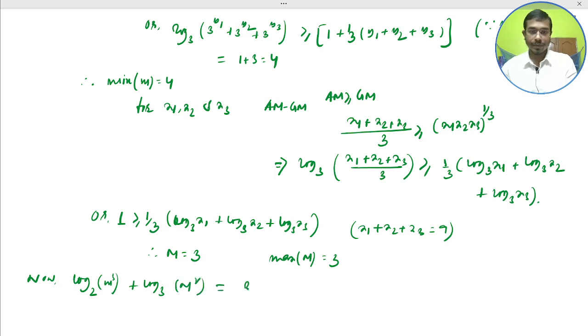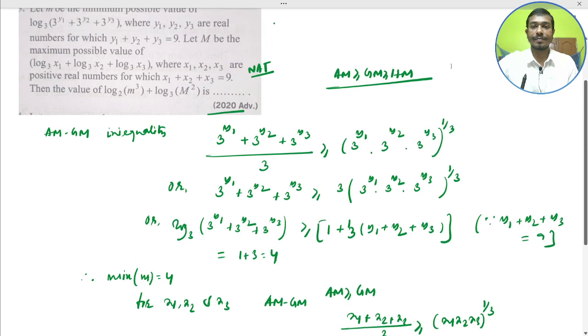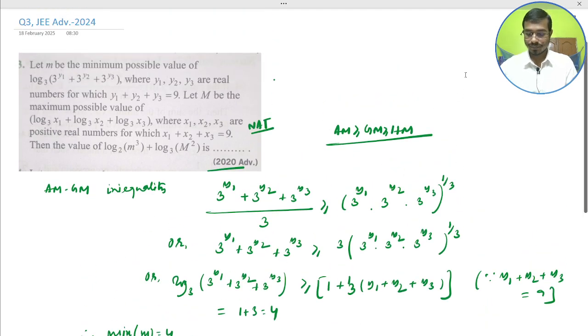Put this value m equal to 3: so 3 log base 2 of 4 plus 2 log base 3 of 3, which becomes 3 times 2 plus 2 times 1, that is 6 plus 2, which is 8. Okay, 8 would be the correct answer.